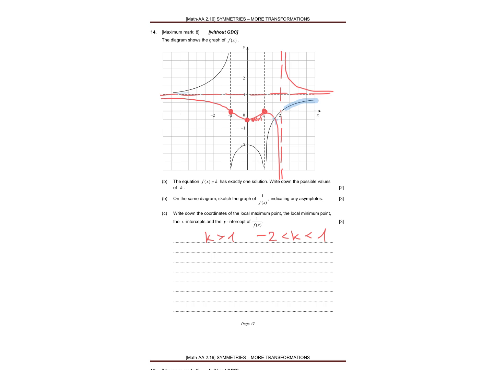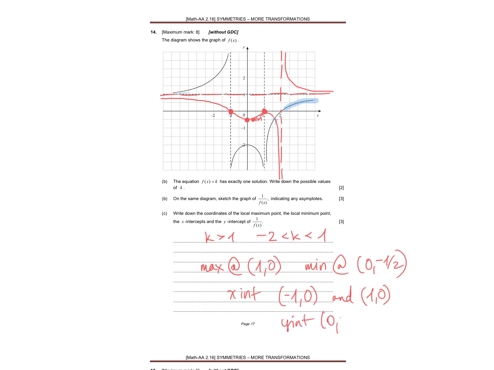So that's going to be the max at 1, 0. The local min we already have at 0, -1/2. The x-intercepts are at -1, 0 and 1, 0. And the y-intercept is 0, -1/2.